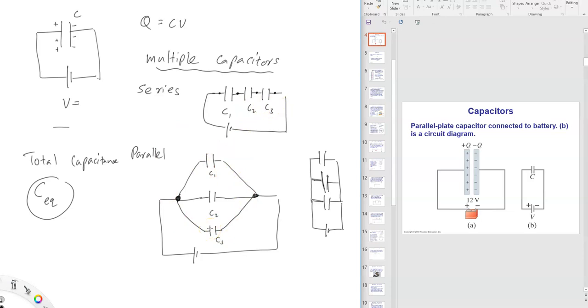So that's what we're going to discuss: how to find the total capacitance when they're in series, when they're in parallel, and when we have a mix of everything. That's our goal, finding series and parallel total capacitances.